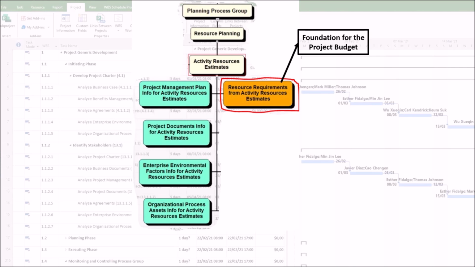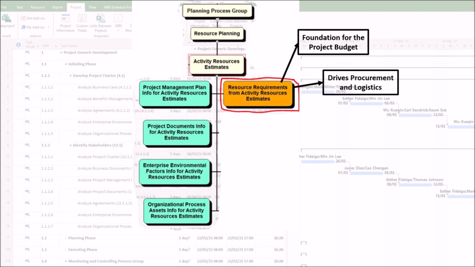The number of hours for each role, such as senior engineer or junior designer, is multiplied by their hourly or daily rate. Second, material and equipment costs. The quantities of materials and the rental duration for equipment are directly translated into costs. Third, without accurate resource requirements, your project budget is a guess, not a plan.